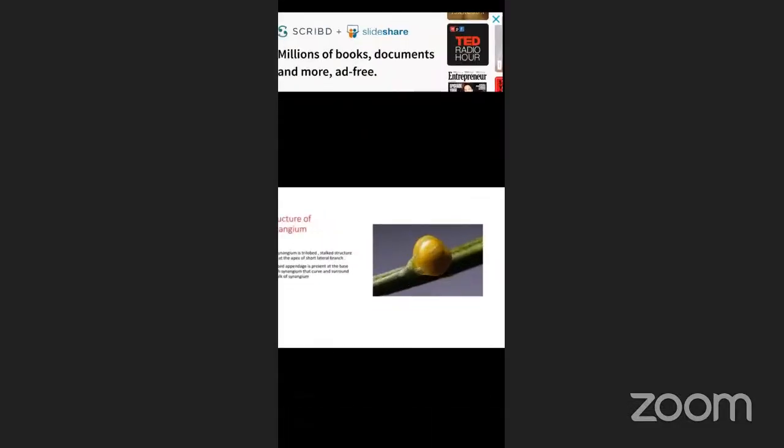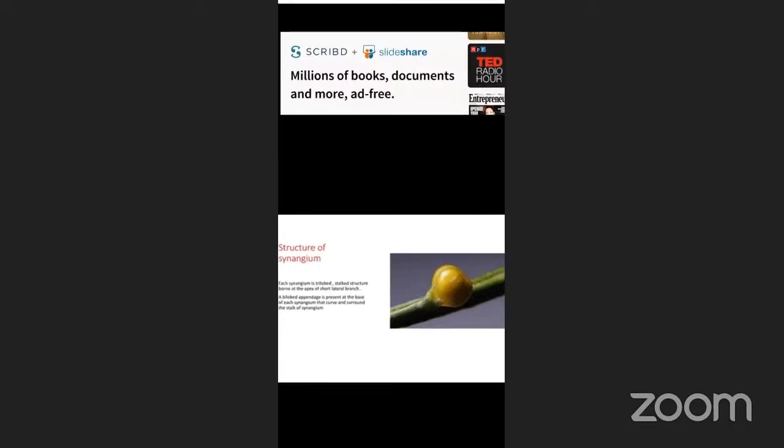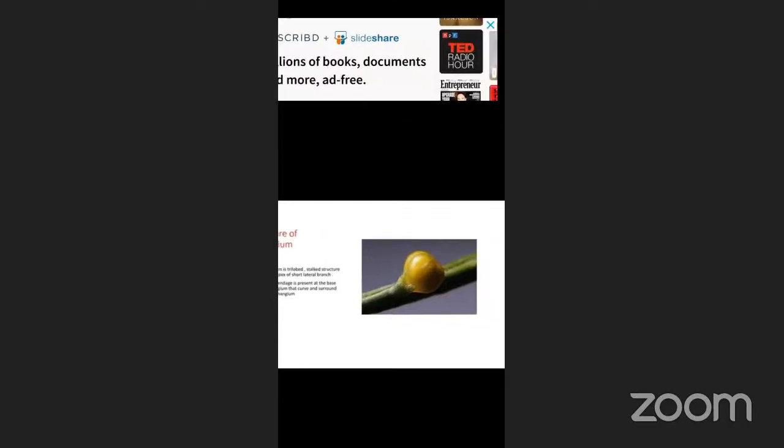Okay, coming to the reproductive structure of Psilotum. This is the synangium, a pear-shaped synangium, yellow in color.